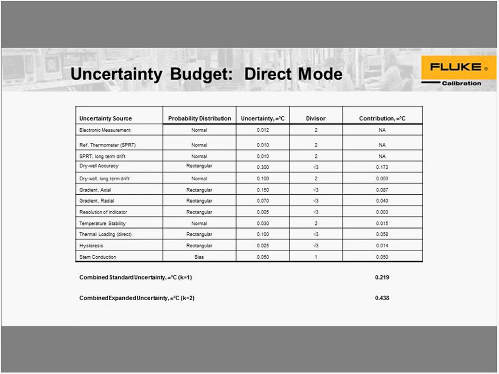Ultimately, now we've come to the point where we do some evaluation, and you'll have some form of an uncertainty budget. I wanted, in this particular uncertainty budget, to compare direct mode and indirect mode. So this is the direct mode. Again, that's the situation where you've got a display that is in fact the calibrated thermometer. You're using the control sensor as the reference sensing element, and reading the temperature on the display.